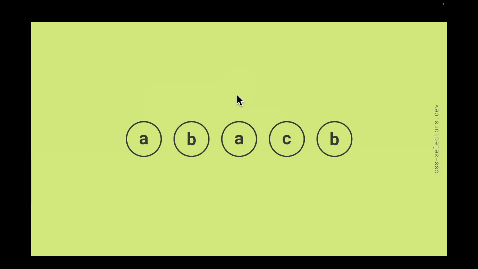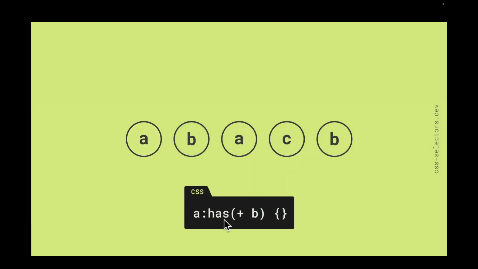Let's take a look at another example of sibling elements. So here we have 5 elements: A, B, A, C, B. Now, if our aim is to select the A element if it has the direct sibling of a B element, we can use the has pseudo-class with the adjacent sibling combinator.